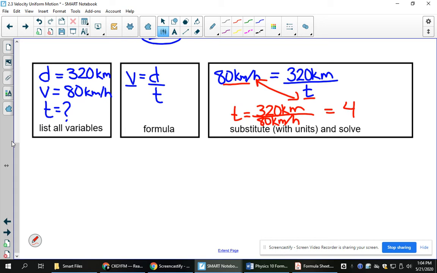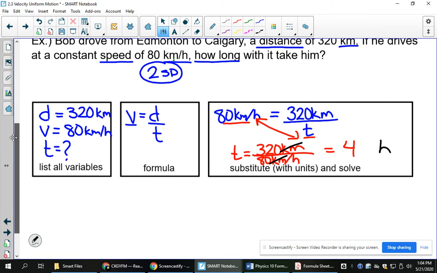What is the 4 representing? The other thing we need to know is the units. Now, the kilometers cancel, and when you have hours in the bottom of a double fraction like this, it becomes your units over here. How many sig digs did the question want? I circled 2, so I'm going to write it as 4.0 to make 2 significant digits, hours.